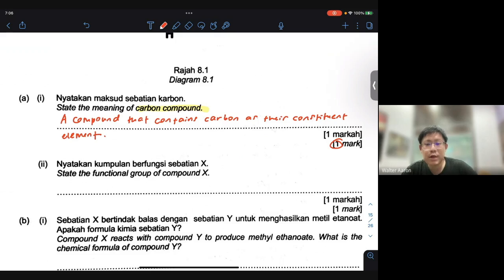So constituent element means it is the main component of a particular compound.